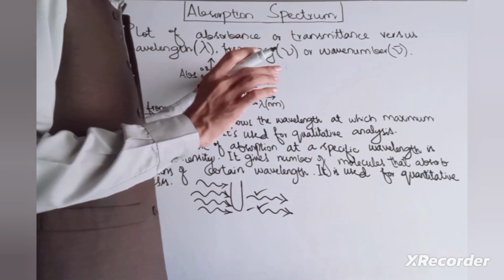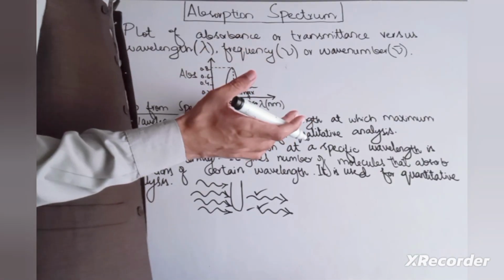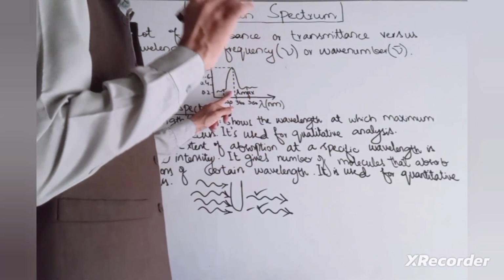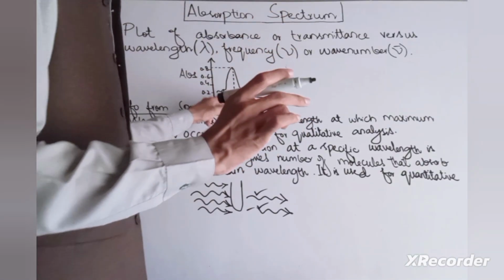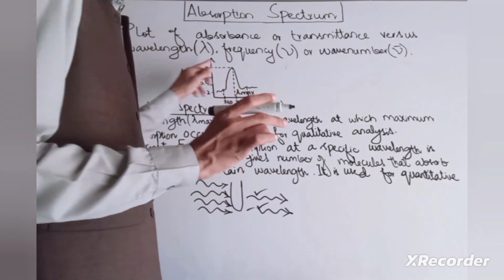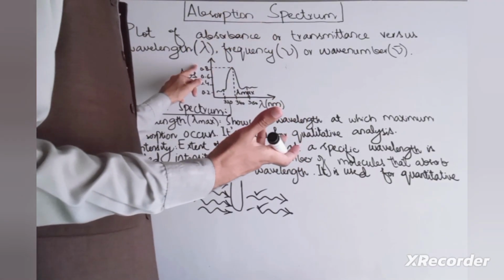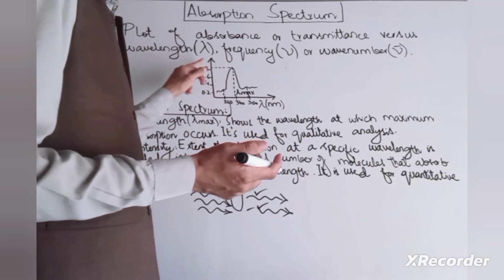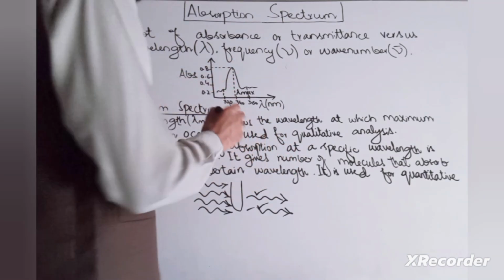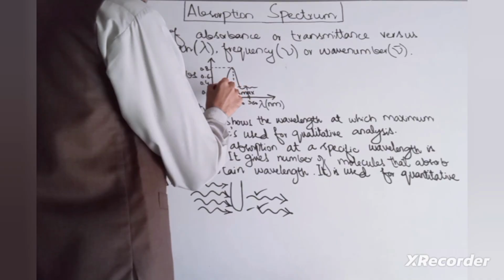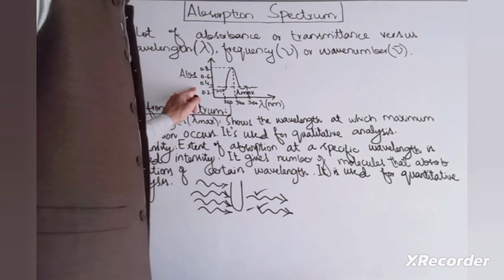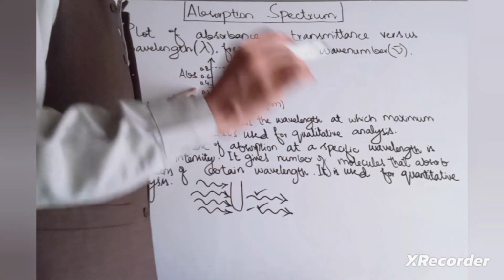This is the highest peak, so it's the lambda max. This is the point where maximum absorption has occurred. And on this axis, here is the absorbance, the extent of absorption. Many absorbances are present, but we are concerned with the highest value.